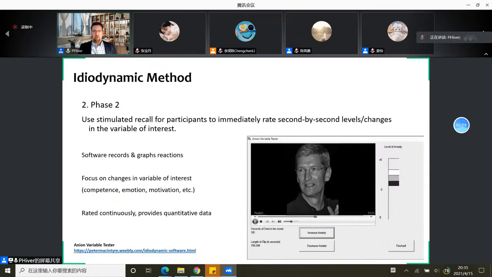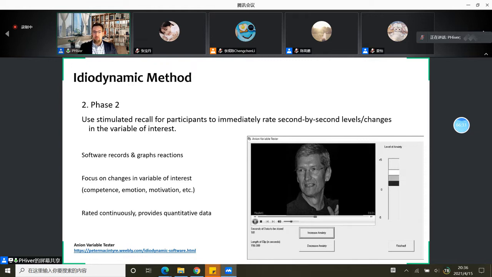Now in phase 2, the participant is asked to watch the video of their speech or of their task and listen to the quality of their production and provide ratings on specific variables. These could be psychological variables like willingness to communicate and anxiety, or linguistic variables like competence, fluency, and lexical complexity.